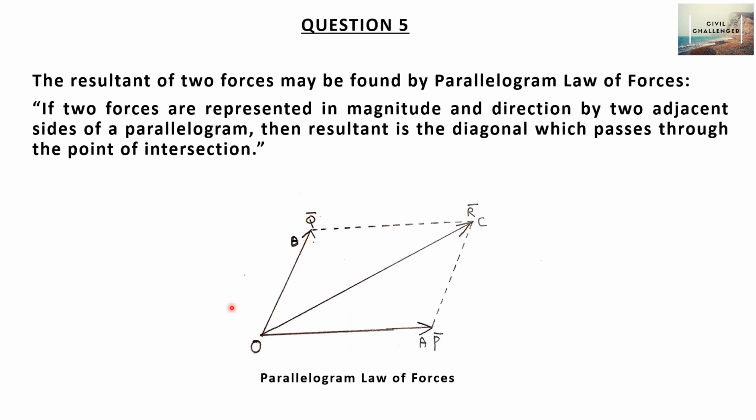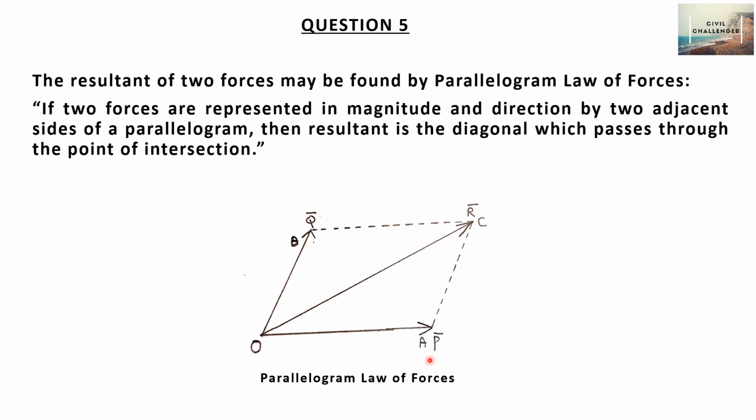Now, parallelogram law of forces is also another method to find the resultant of two forces acting on a particle. It states that if two forces are represented in magnitude and direction by two adjacent sides of a parallelogram, then the resultant is the diagonal which passes through the point of intersection.